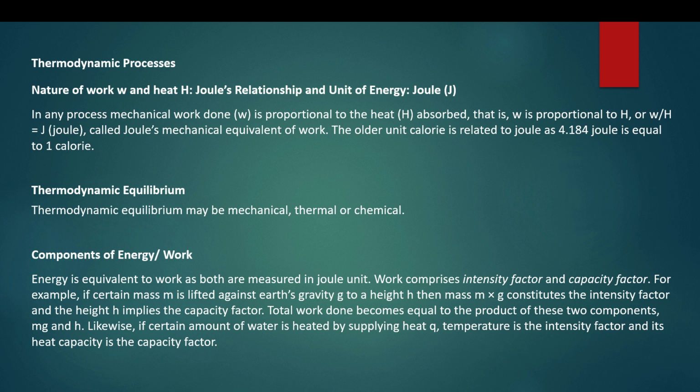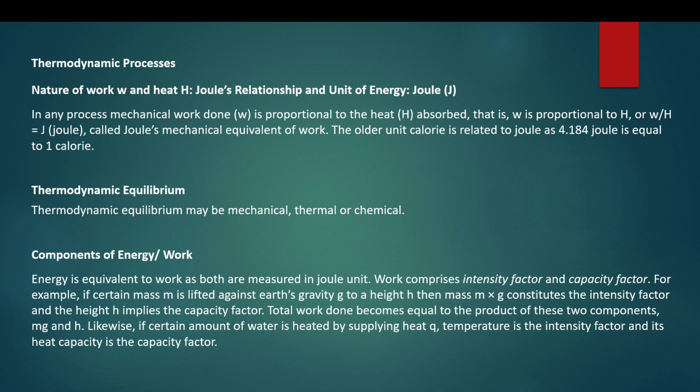For example, if a certain mass m is to be lifted against gravity g, a height h, then mass into g constitutes the intensity factor and height h implies the capacity factor.